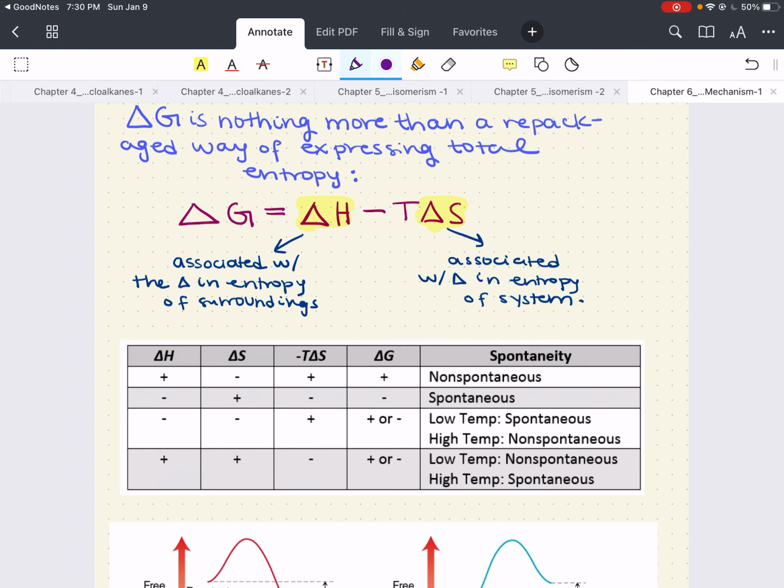Now, again, for a reaction to be spontaneous, for a reaction to move from reactants to products, delta G has to be negative.